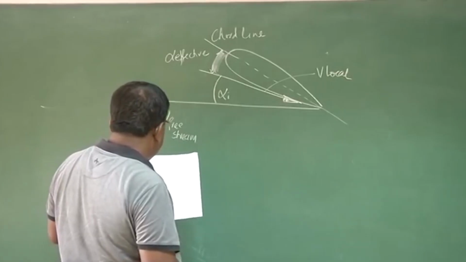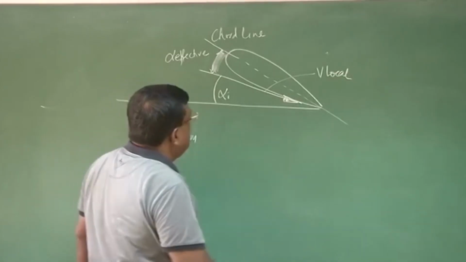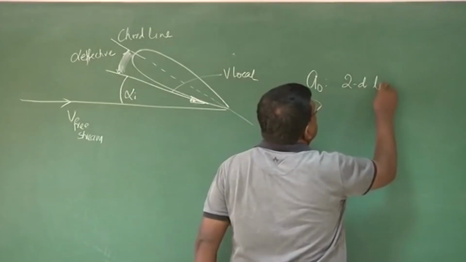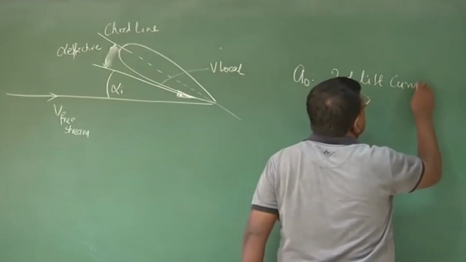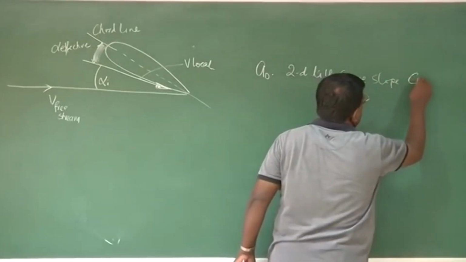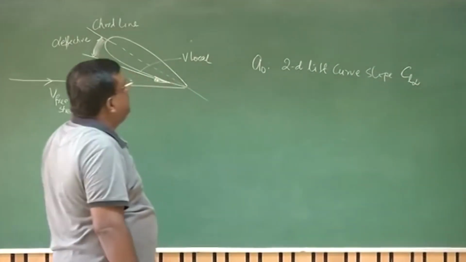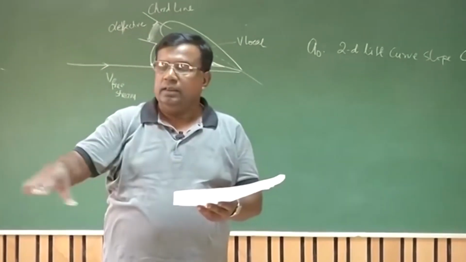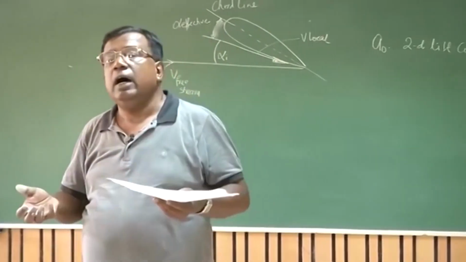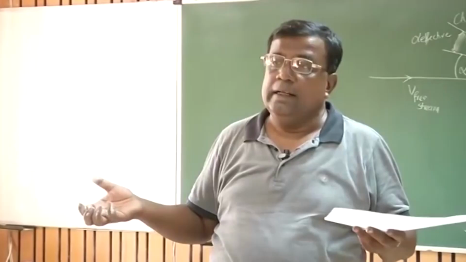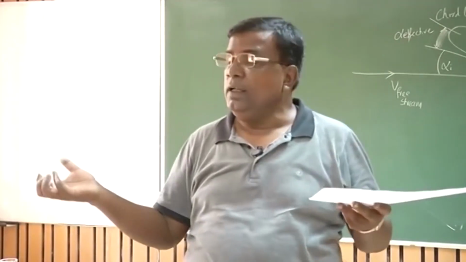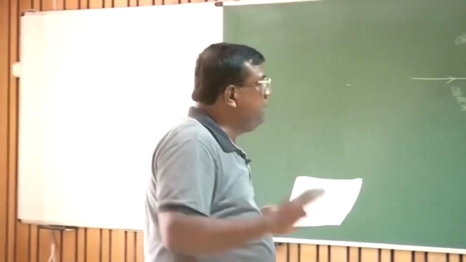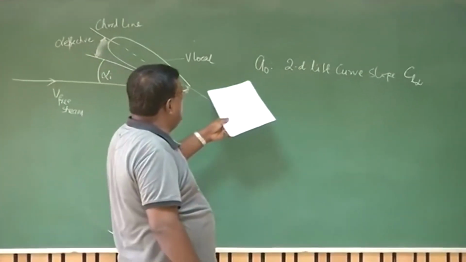If I denote a0 as the 2D lift curve slope, what is the meaning of it? We are assuming that the span is infinite, so there are no wingtips, no wingtip vortices, no downwash, and so there is no alpha I. That is what a0 is.